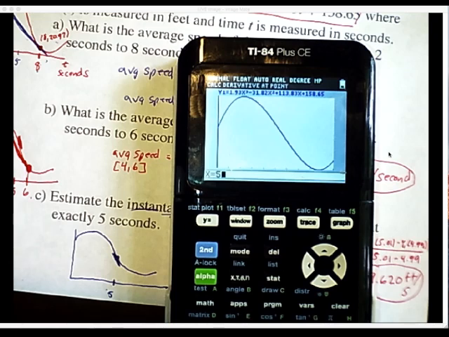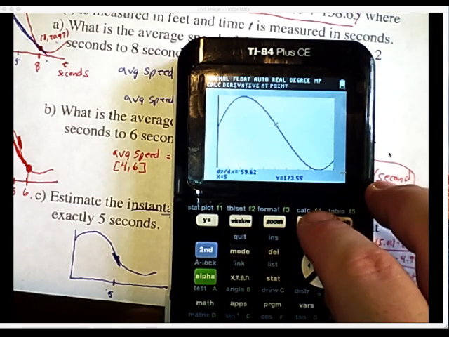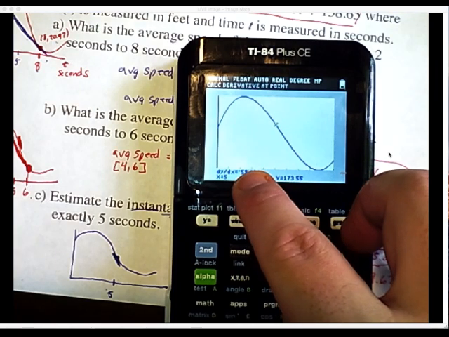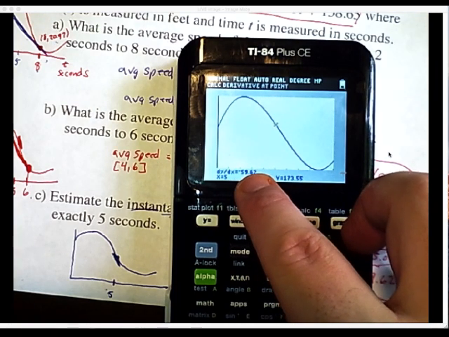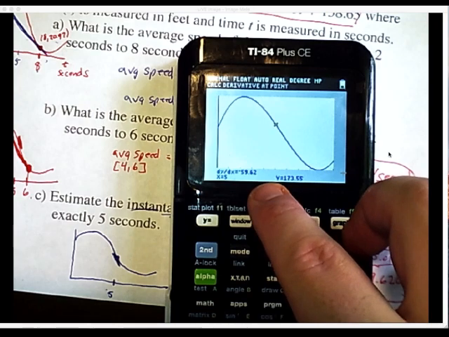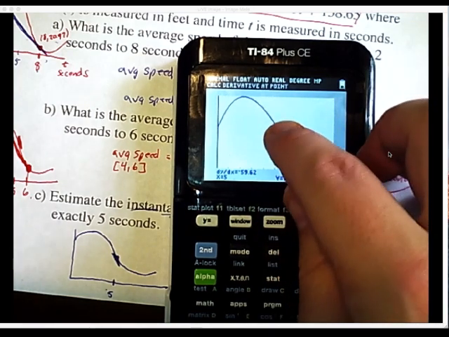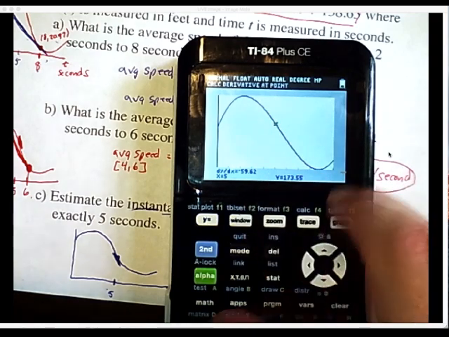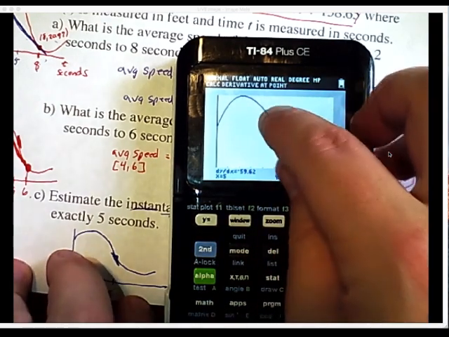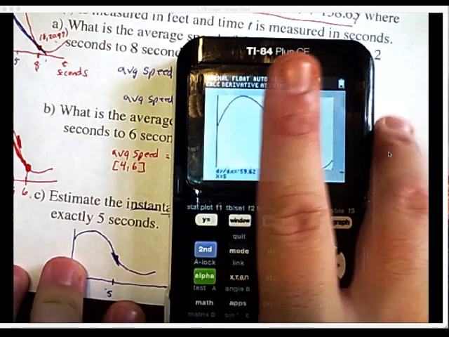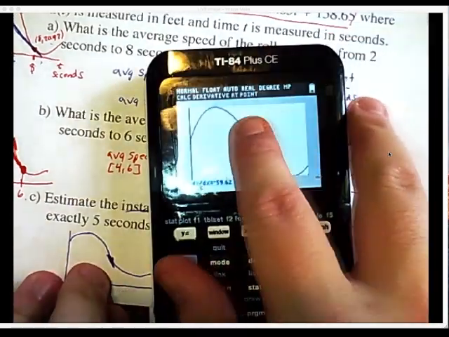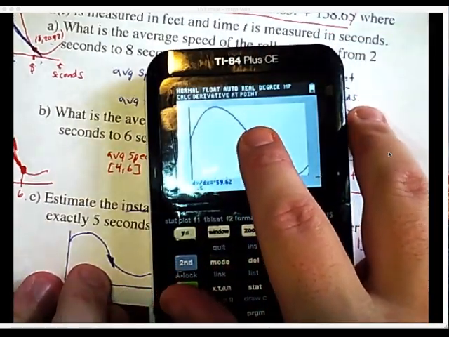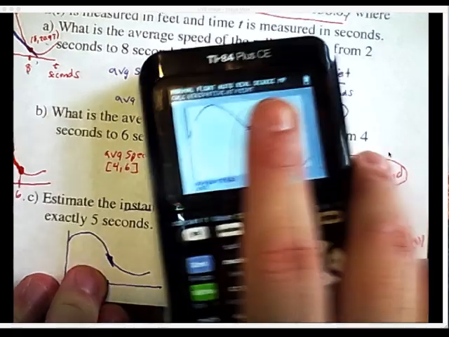If I type in the number 5 and hit enter, right there next to where it says dy/dx, it says negative 59.62. So the true instantaneous slope right there, or the true derivative, is negative 59.62. Negative because it's going down. So the true speed there would be positive 59.62.